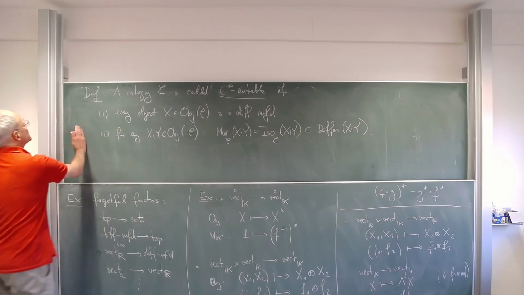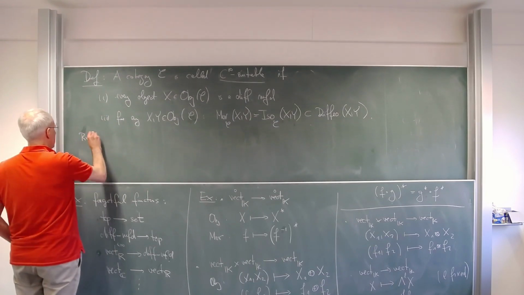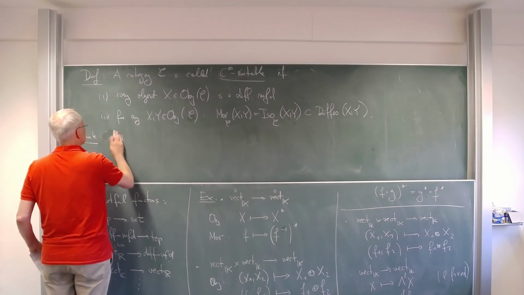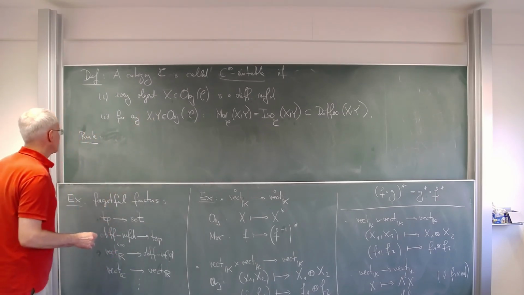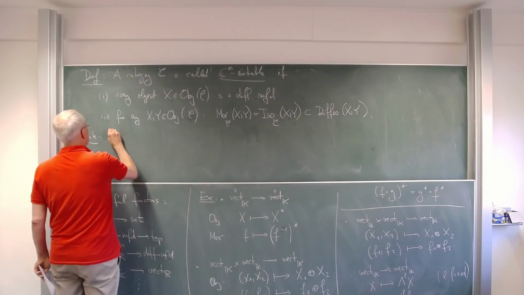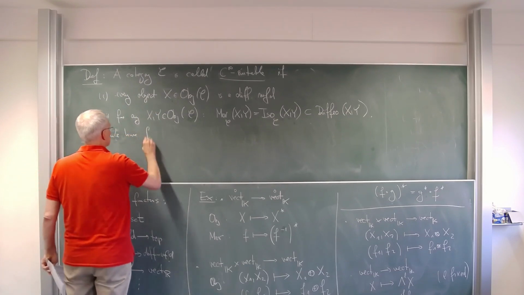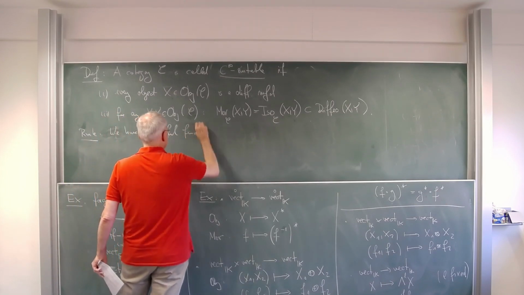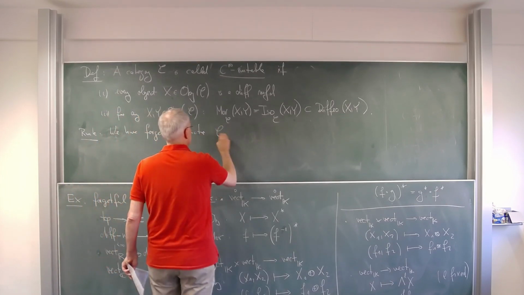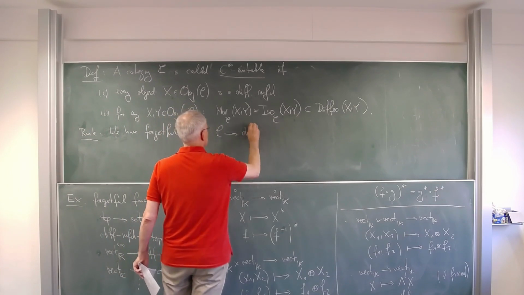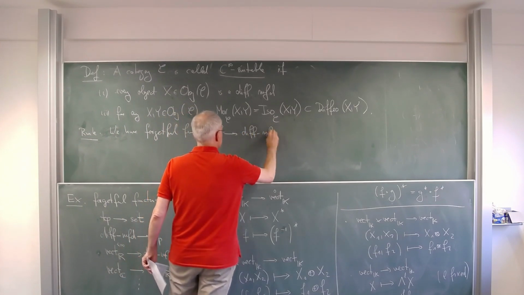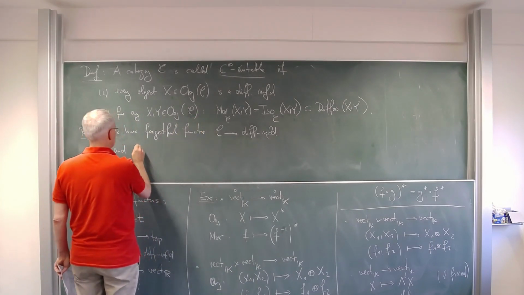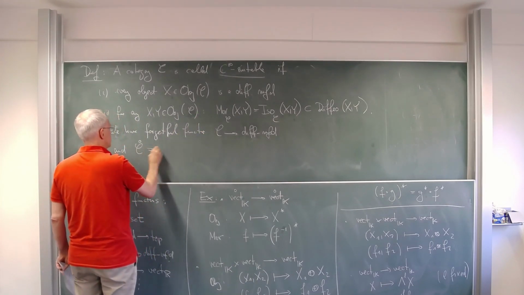So these are the conditions. In particular, one could rephrase this definition as saying we have a forgetful functor from our category to the category of differentiable manifolds, and this isomorphism condition I could rephrase as saying that the two categories coincide.